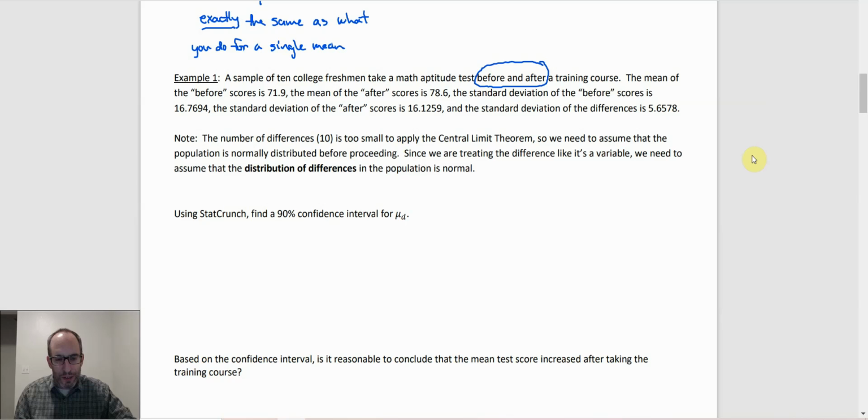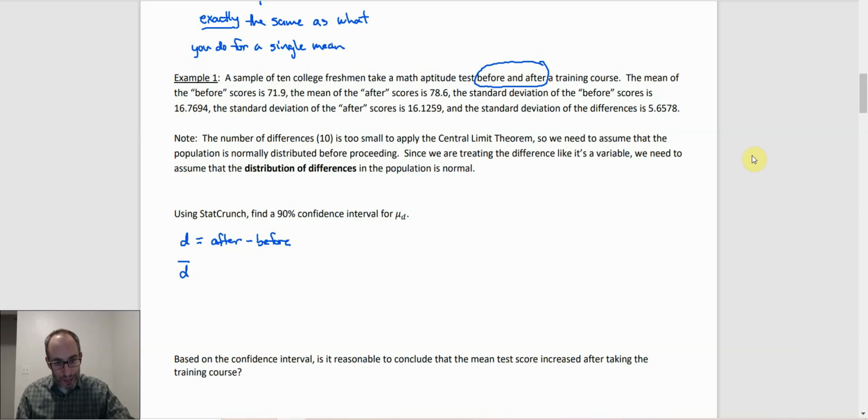I guess we need to specify an order of subtraction here. So I'm just going to say D for difference is after minus before. Usually that's the way you do it, and you can go the other way if you want to, but if we do it the usual way of after minus before, we're going to get a positive number, because then D bar is the same thing as the difference of the individual sample means.